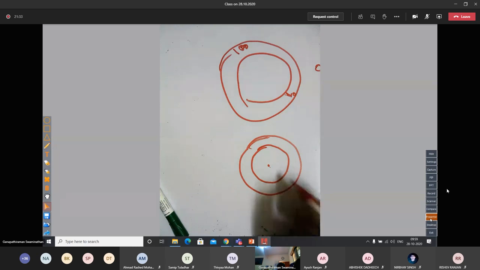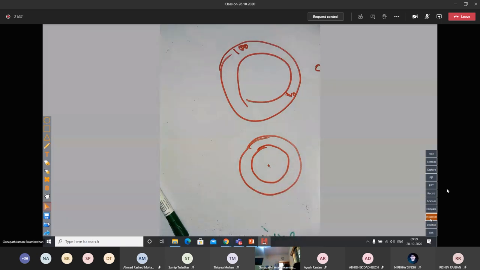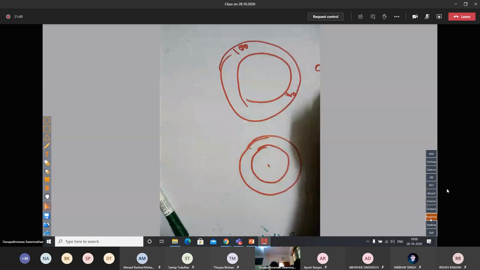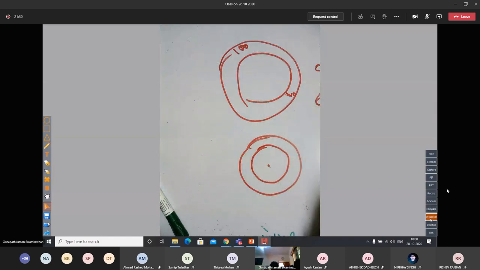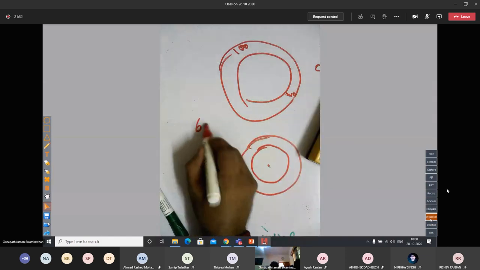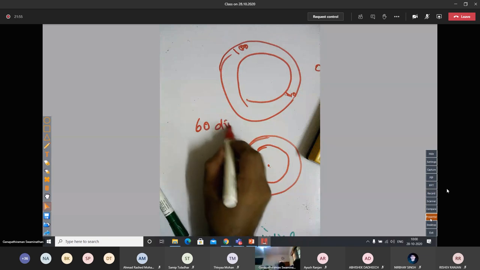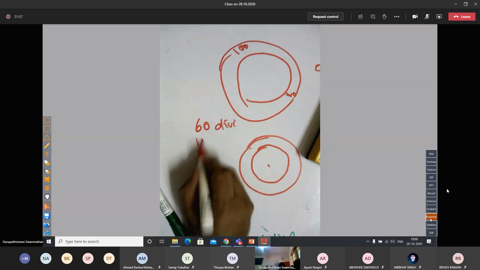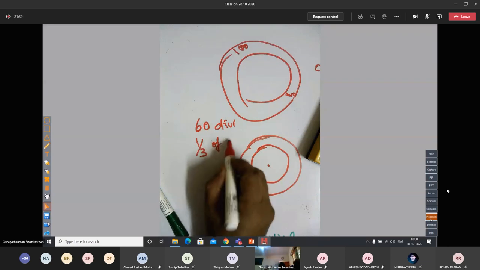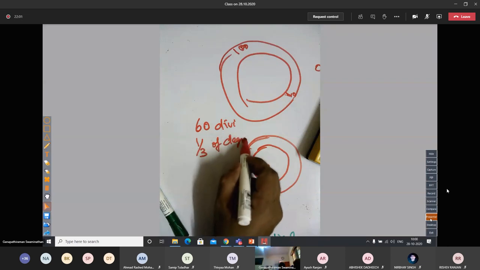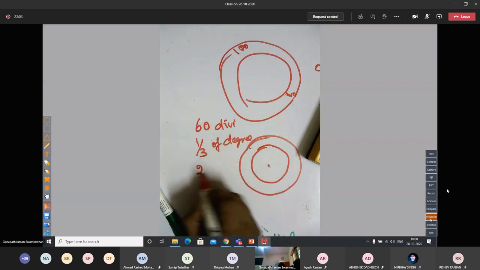What is the least count of the theodolite? The least count is 20 seconds, because the vernier has 60 divisions, and each main scale division is 1/3 of a degree, that is 20 minutes.